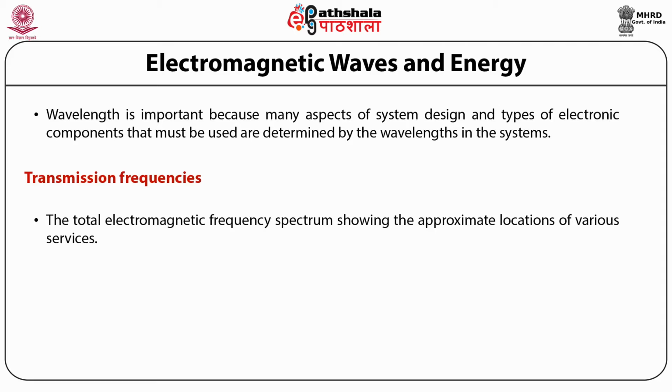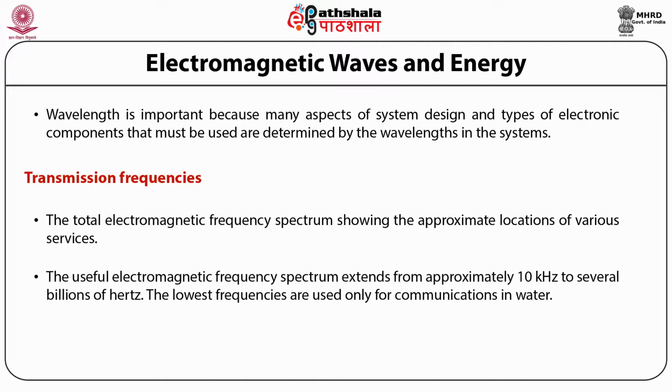The total electromagnetic frequency spectrum showing the approximate locations of various services. The useful electromagnetic frequency spectrum extends from approximately 10 kHz to several billions of hertz. The lowest frequencies are used only for communications in water.